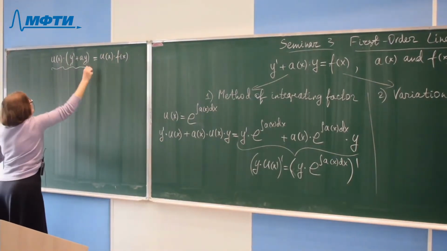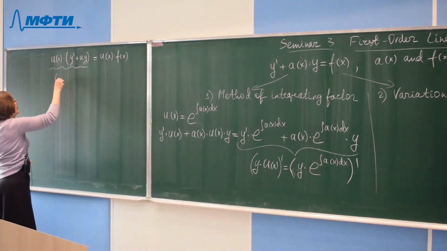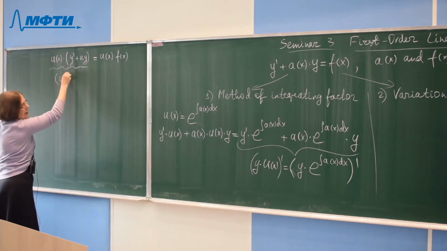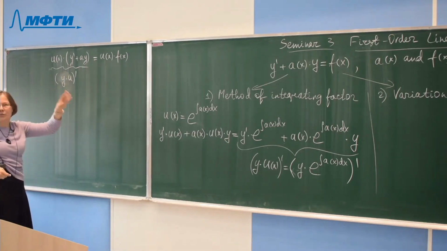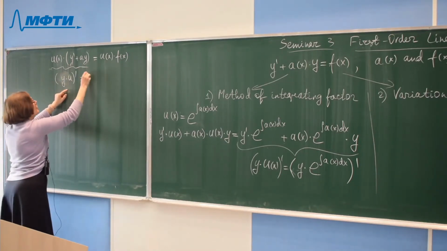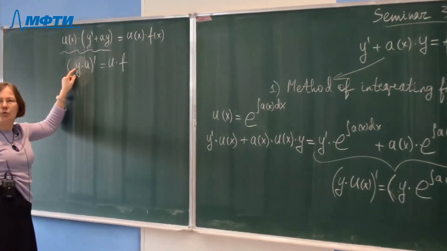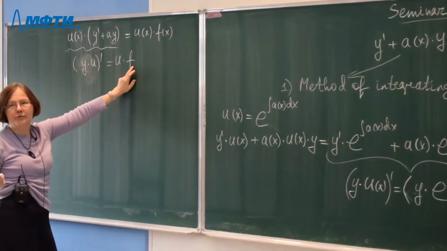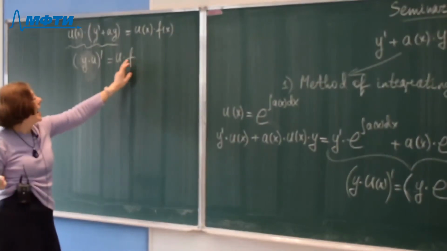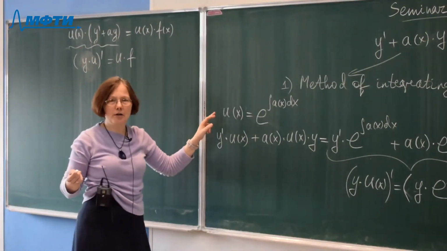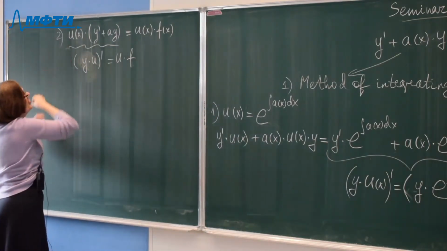Then we saw that in the left-hand part we have the derivative of u times y. It is equal to u times f. y is an unknown function, but u and f are known functions. f is a given function, and u was obtained on the first step. So this is step number 1, and this is step number 2.